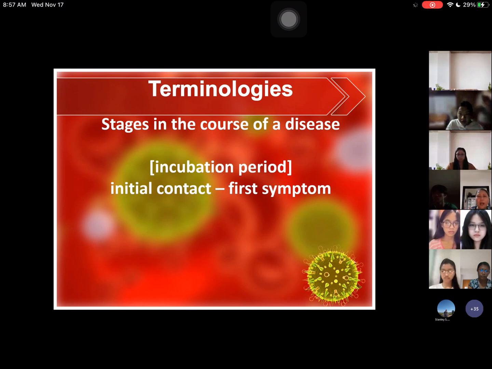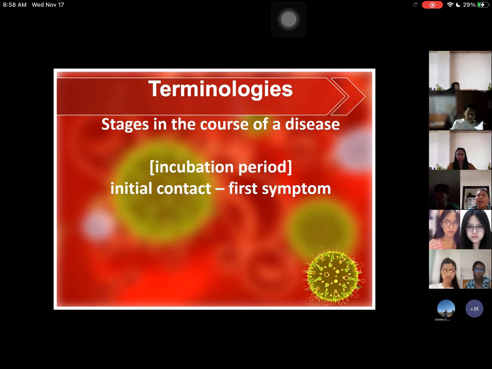When you say characteristic of the pathogen, it actually means the number of pathogens that enter your system or your body, and the virulence, how toxic or how pathogenic the microorganism is that invades your system.